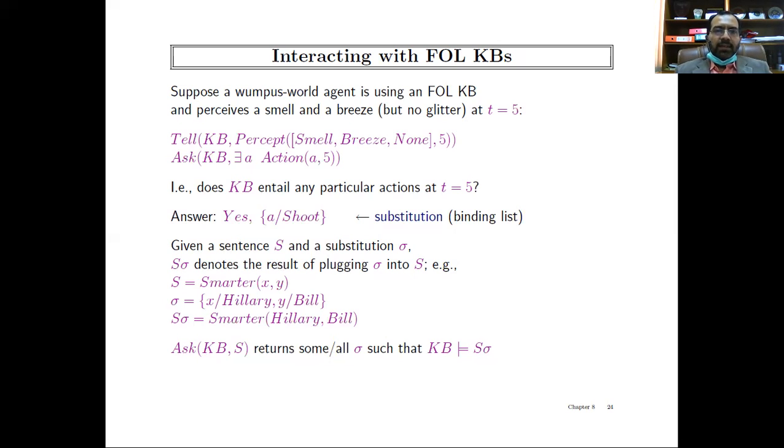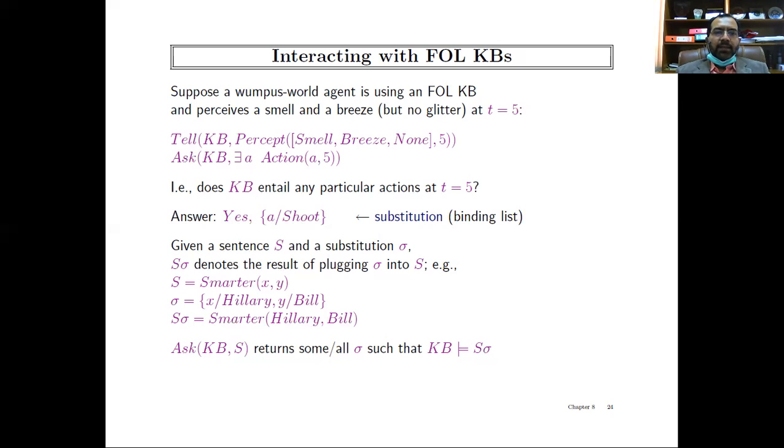Given a sentence S and a substitution sigma, S sigma denotes the result of plugging sigma into S. So whatever the situation is, if you want to generalize it for any given sentence, the substitution is represented by sigma.